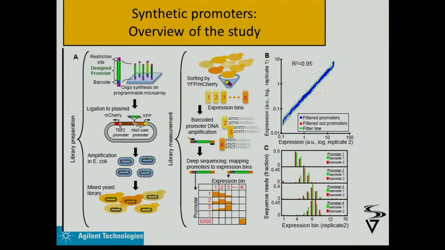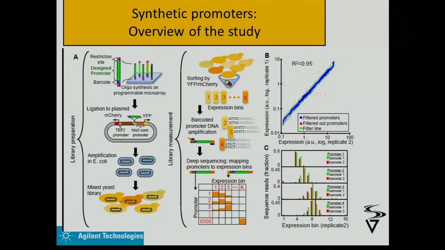So of course I can pull out only the region I'm interested in, and I'm going to ask how many reads do I see from each one of these sequences that I had on my original design. This way I'm going to get for each one of my variants a profile. So K is high yellow fluorescence, 1 is low yellow fluorescence, and I get a profile for every variant.